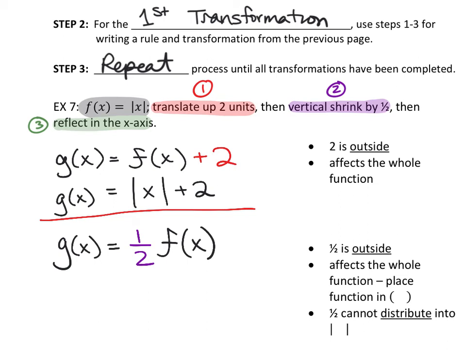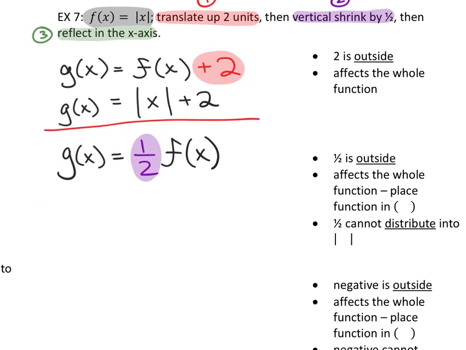So again, if this is helpful, so far I have added 2 to translate it up, and this time I'm going to multiply by 1/2 to shrink it. We substitute in like we are used to. That means there's a 1/2 in front, and then I plug the new function in. But the function I'm working with now is absolute value of x plus 2, not the original, this one from step 1.